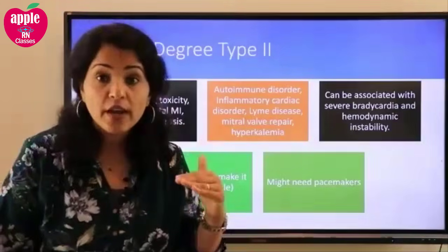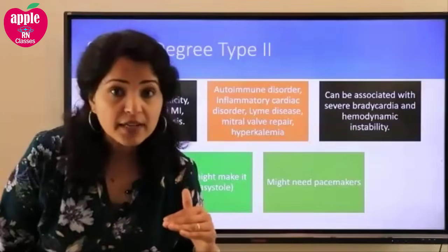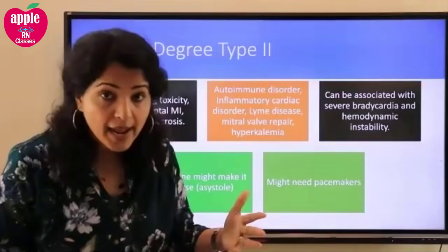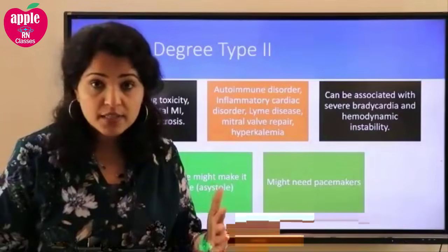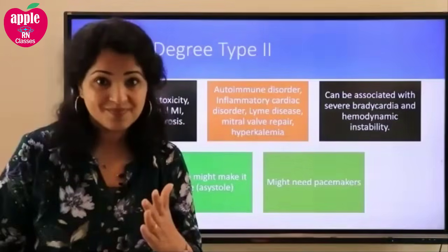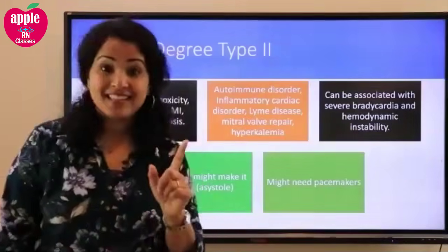They can go into complete heart block real quick. We don't want to wait for that. There is no time for counseling here. Things are already out of our hands. So it's going to be pacemaker. Got it? Okay, that is second degree type 2.